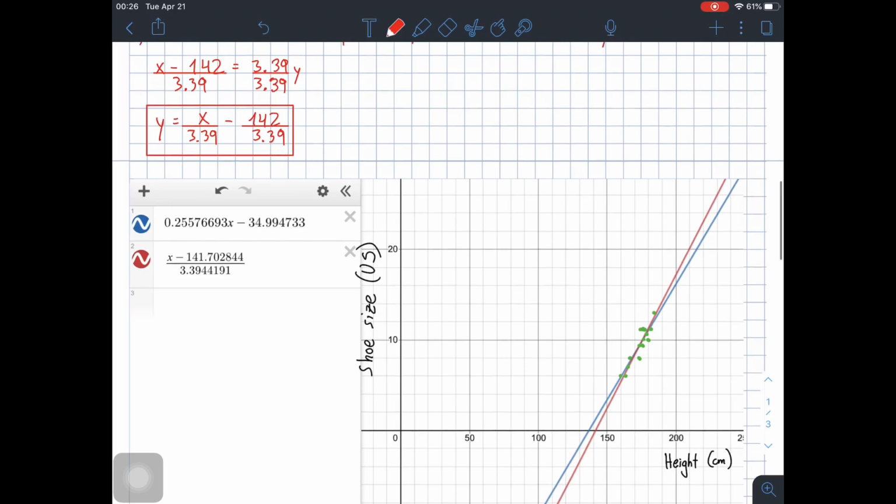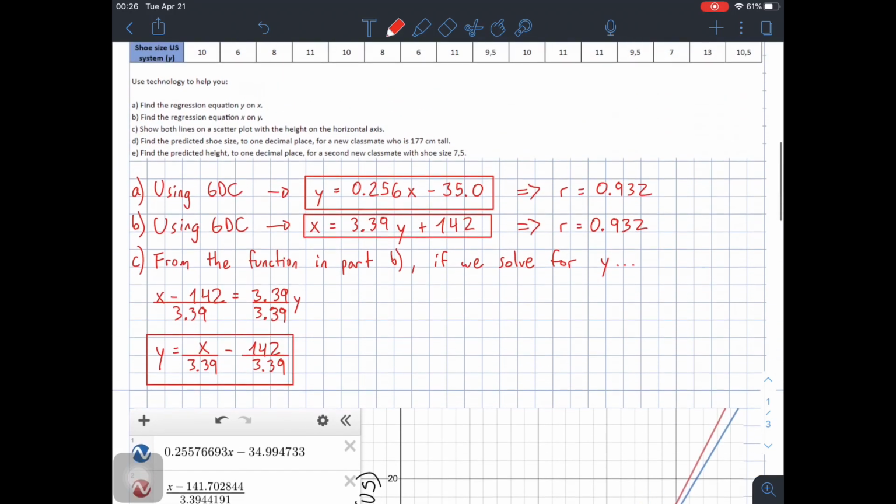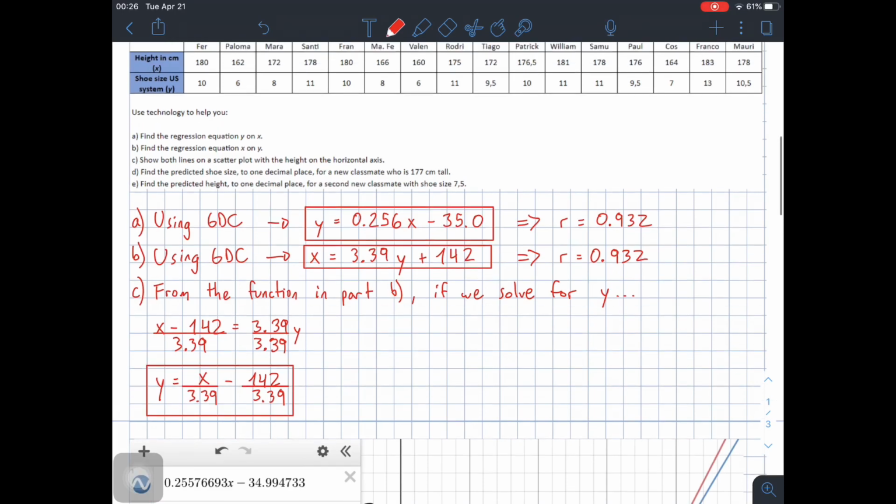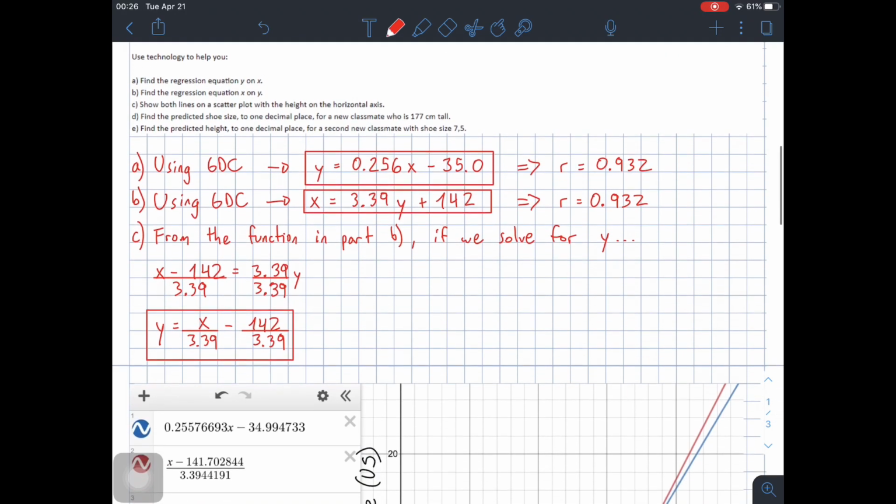If you want to predict a y value, in this case shoe size, you need to use the first equation. If you want to predict an x value given a y value, we should use the second equation, okay? So that's the most important thing I wanted to transmit to you for this class.